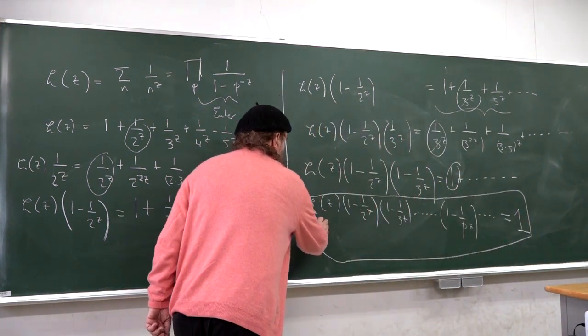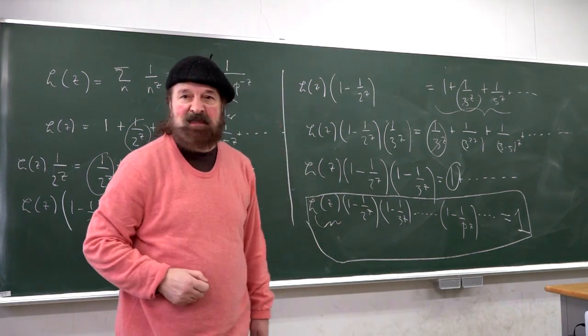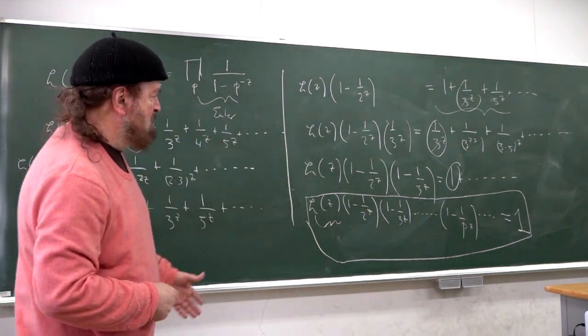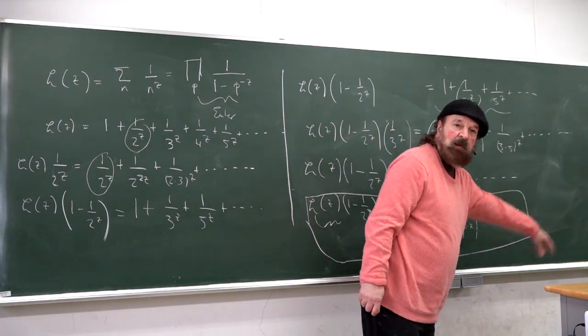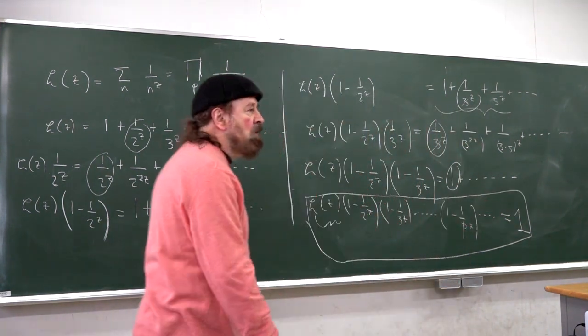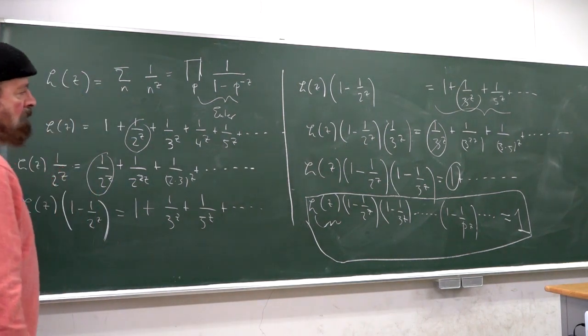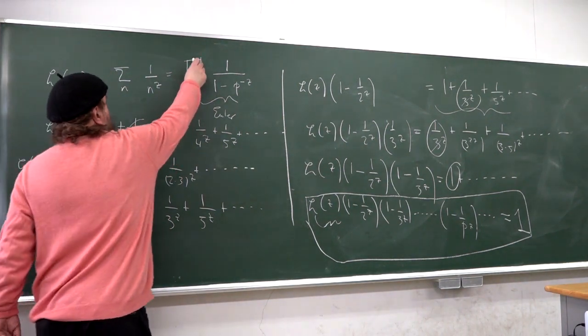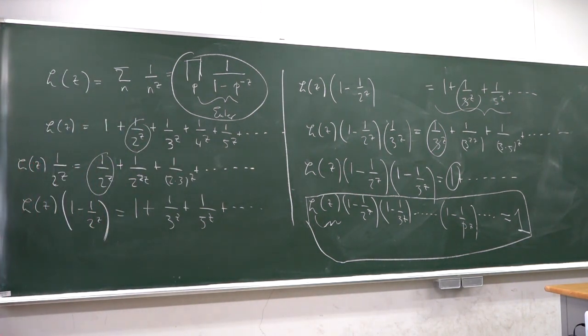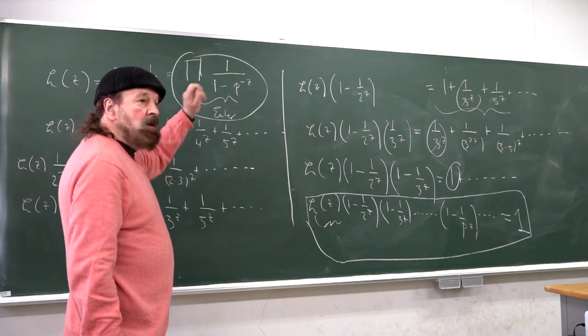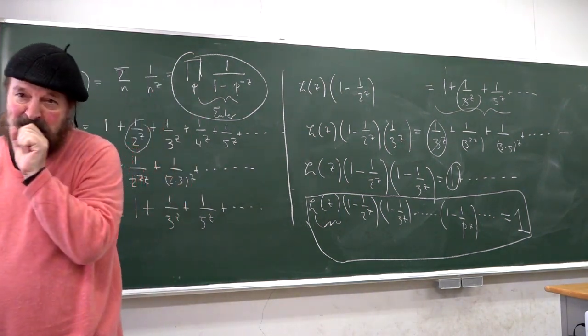So then you can solve for this Riemann zeta function by just taking all these terms to the right-hand side of the equation. And when you do that, is when you end up with Euler's expression. And this is how you can derive it. And this product is over all primes.